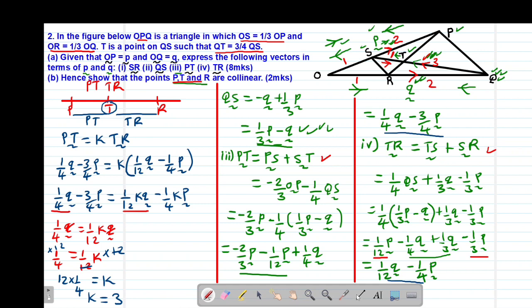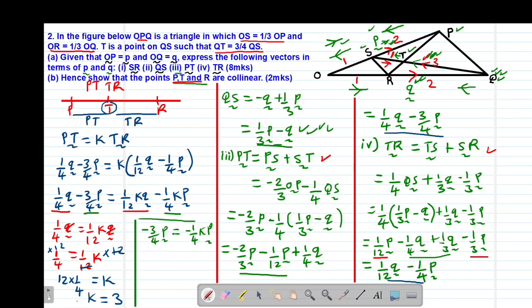Remember, you can also prove it using the other coordinates. So I can also prove it using this other point. Suppose another person was working with point P, you can also prove using point P, whereby you'll simply say that negative 3 over 4p should be equal to negative a quarter kp.